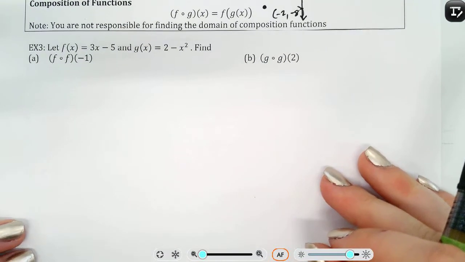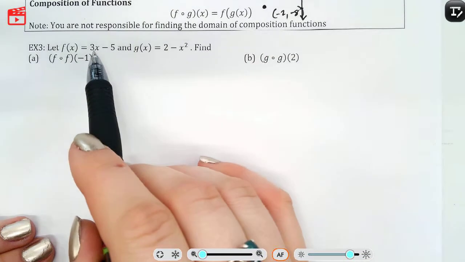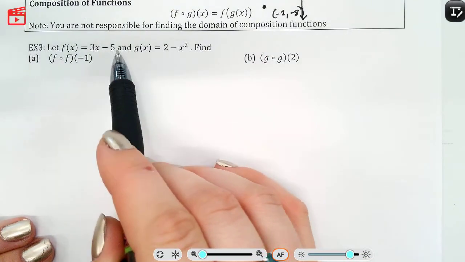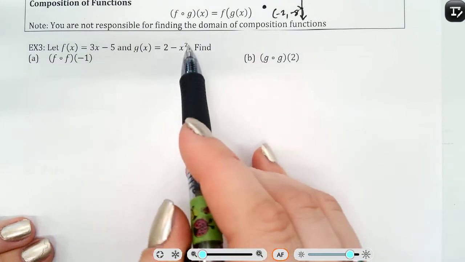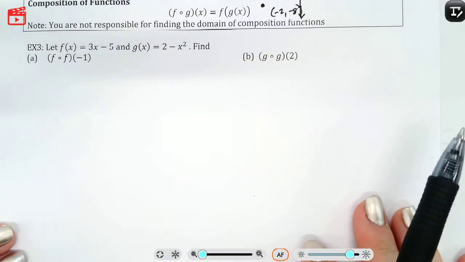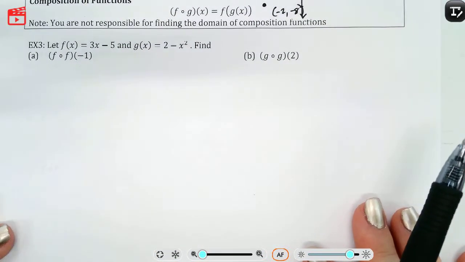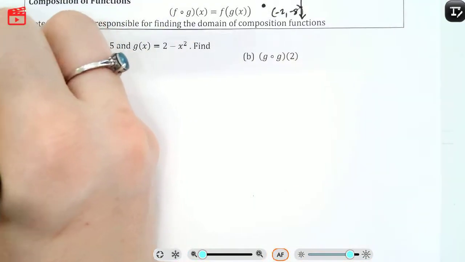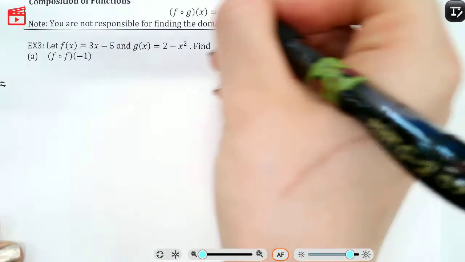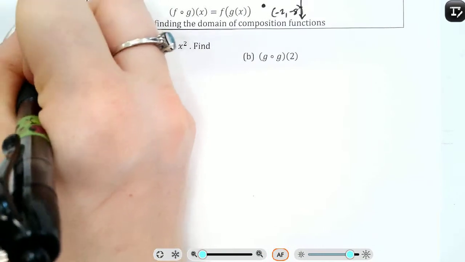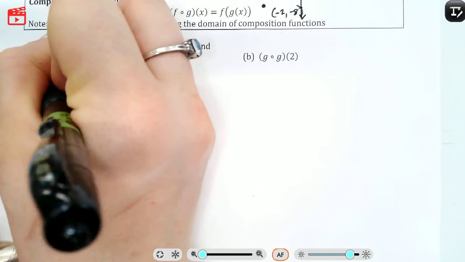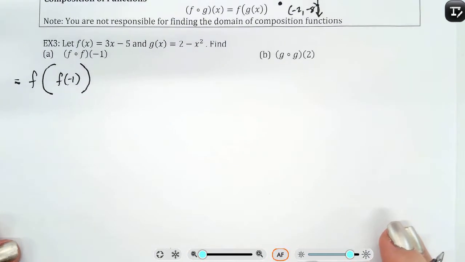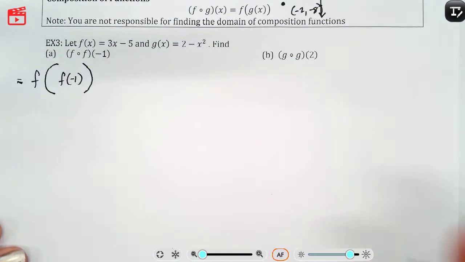So example 3, we are given two functions, f of x equals a linear function, and g of x equals a quadratic function. We're asked to find f of f of -1. According to the way this is inputted here, that's supposed to be f of f of -1. So I'm going to find out what f of -1 is.